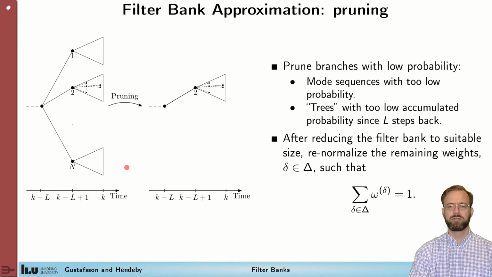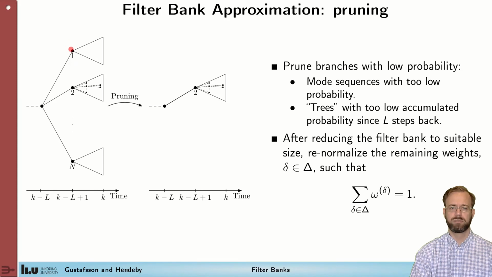We start with the pruning approximation, and this illustration to the left illustrates what's happening. In this case, this is a sequence of modes, and this is how it branches up in a number of different options depending on the modes in the model.